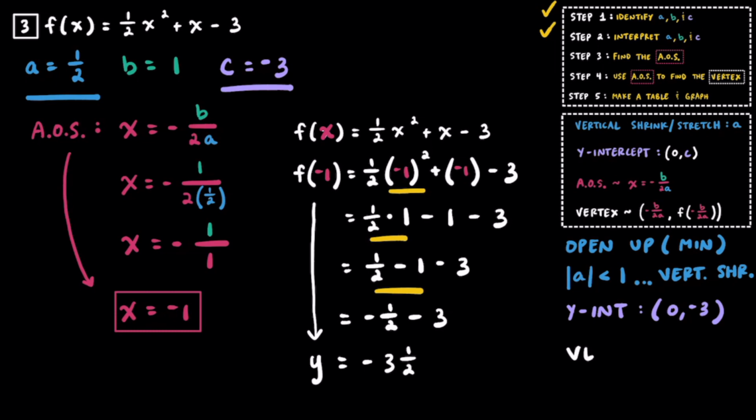At this point, we now know where our vertex is located. Its x-coordinate is at negative 1, and its y-coordinate is at negative 3 1/2.